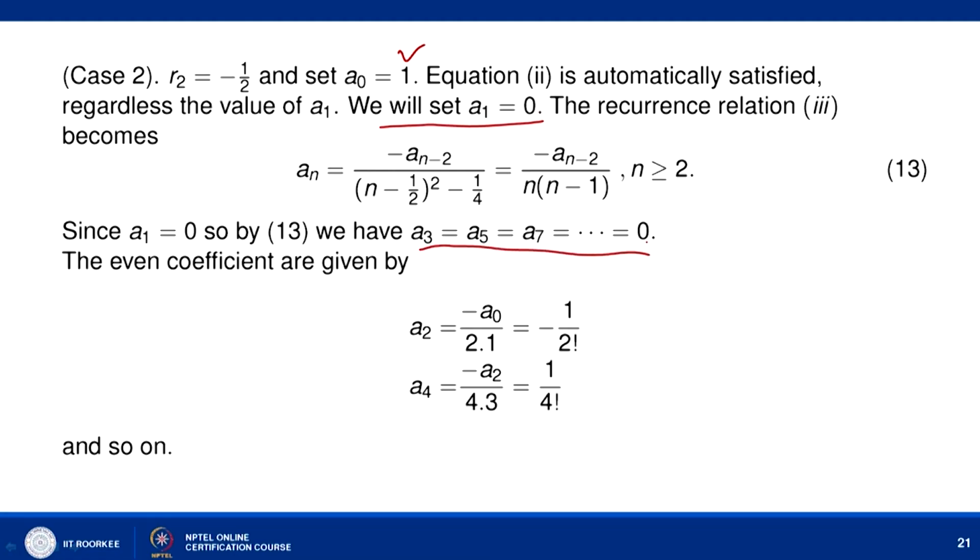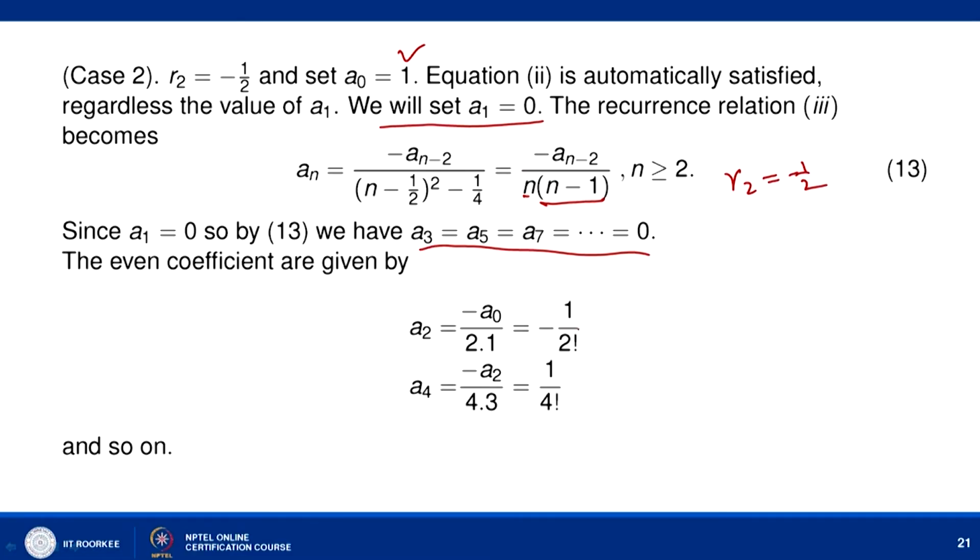Look at the recurrence relation: an is equal to minus an minus 2 divided by (n minus half) whole square minus 1 by 4. We can simplify a square minus b square, and write n minus 1 by 2 plus 1 by 2, that is n, and n minus 1 by 2 minus 1 by 2, that is n minus 1. So we can write an as minus an minus 2 divided by n into n minus 1, that is for r2 equal to minus half.